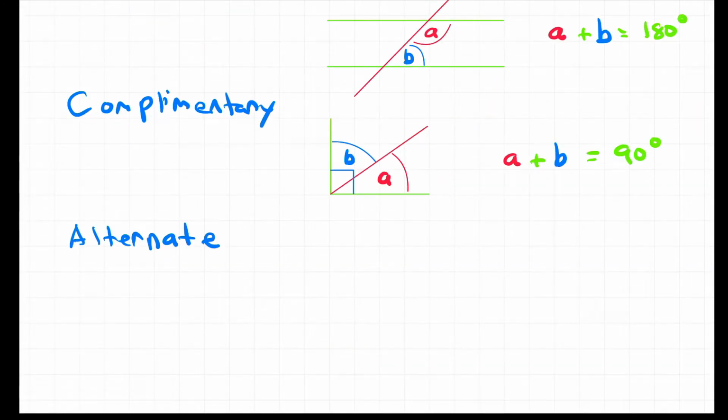And finally, the last one, the alternate angle. Again, we need two parallel lines, a transverse line, and we're going to be looking at this angle right here that we'll label as A. Good.